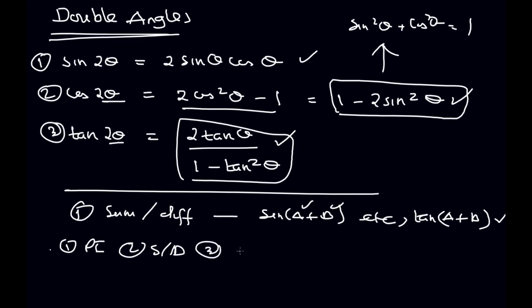Then we went and looked at the third one, which were the products to sum. Then we went and looked at the fourth ones, which were the sum to product. And then we went and looked at the fifth one, which is here, the double angles.